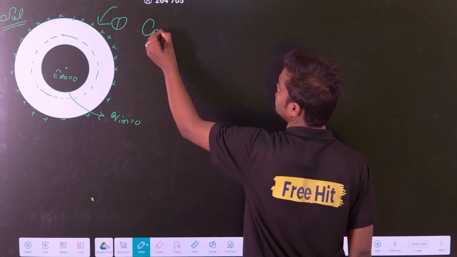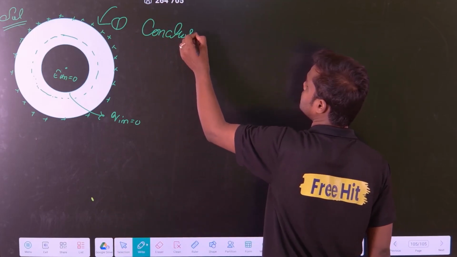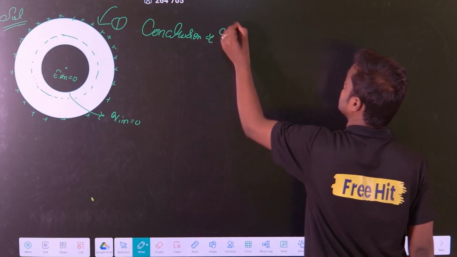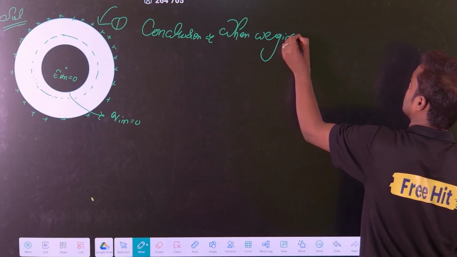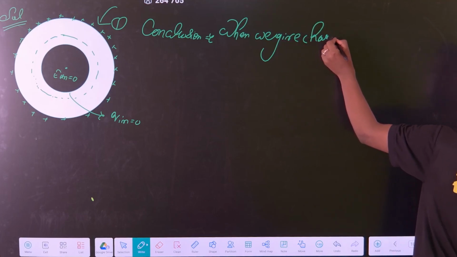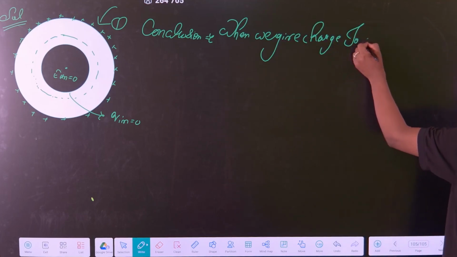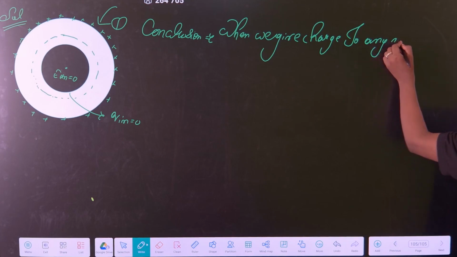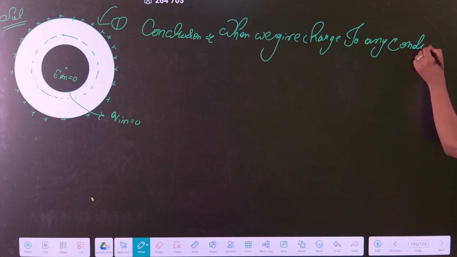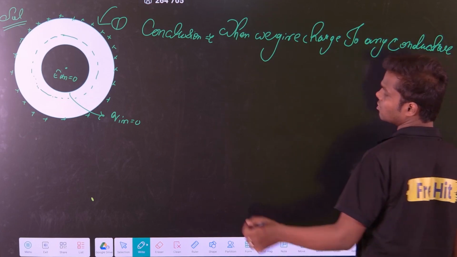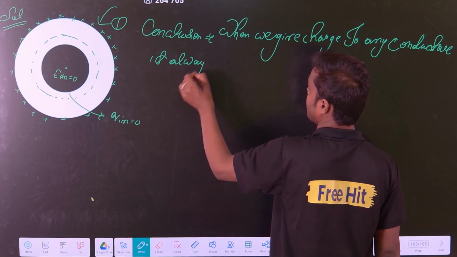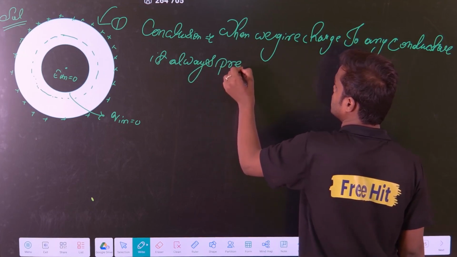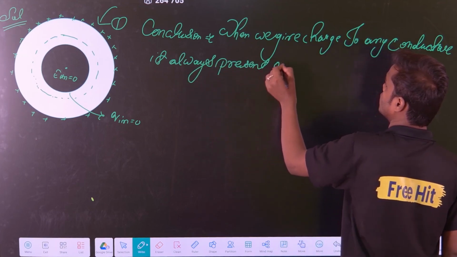So our conclusion point will be that when we give charge to any conductor, it is always present on the outer surface of the conductor.